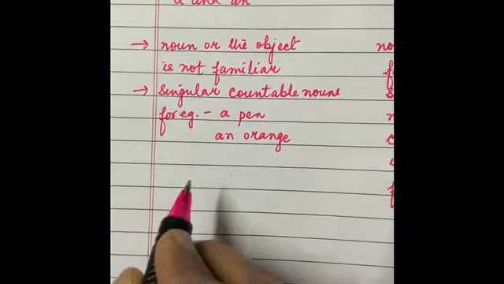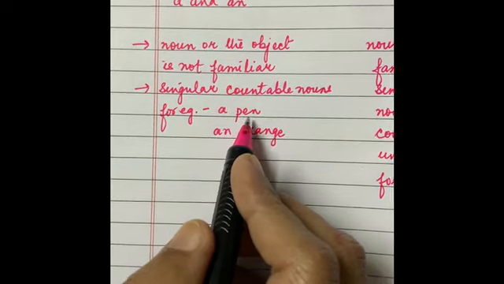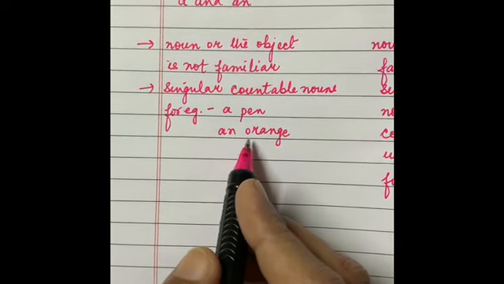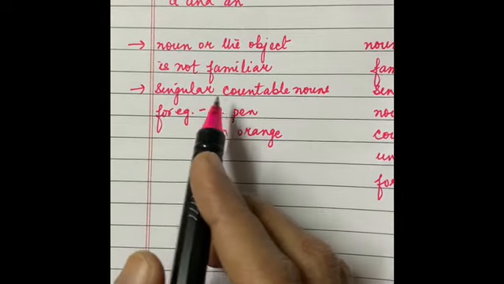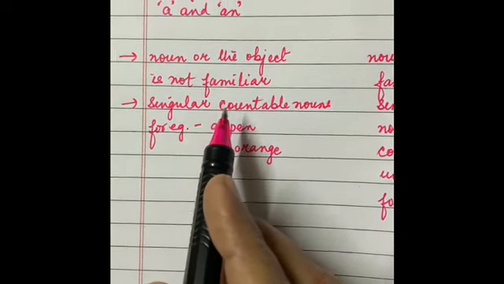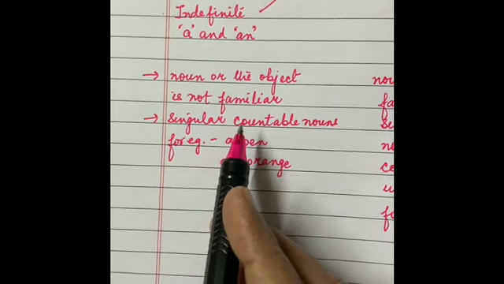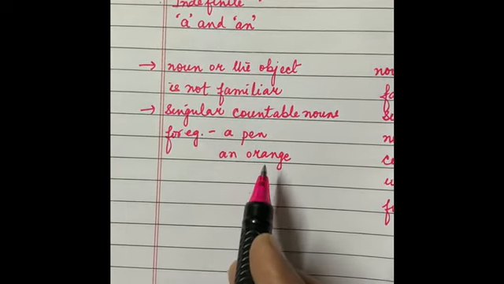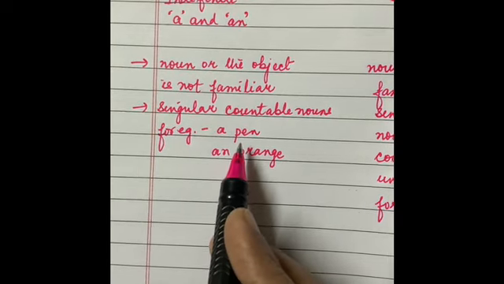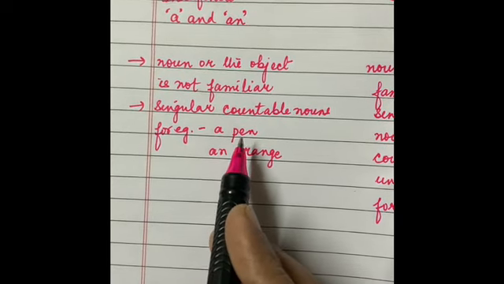For example, a pen, an orange. Pen is a singular countable noun, and orange is again a singular countable noun.